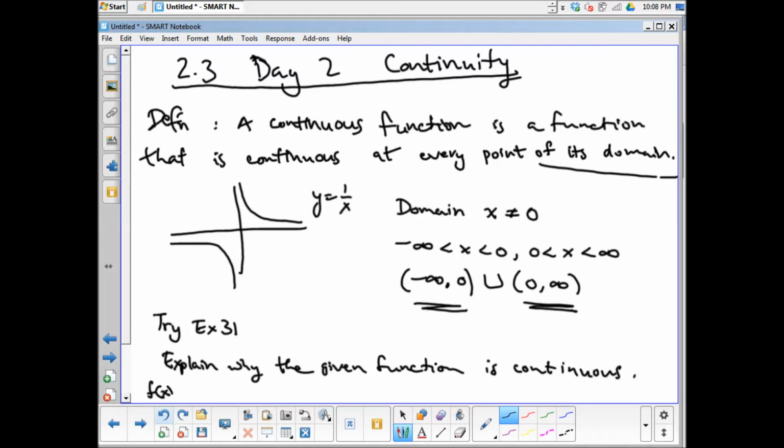F of x equals 1 over x minus 3. Well, the domain is basically negative infinity up to 3, and 3 to infinity. Should have put my little union symbol in there.